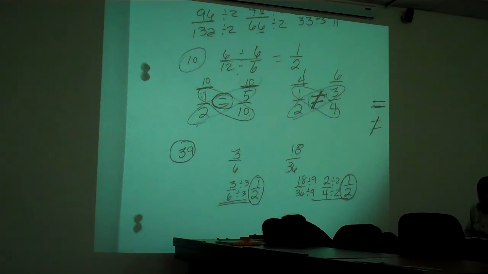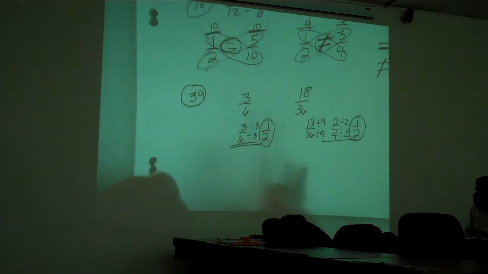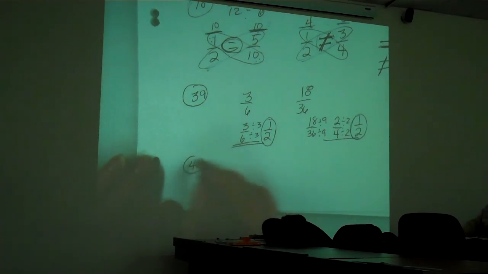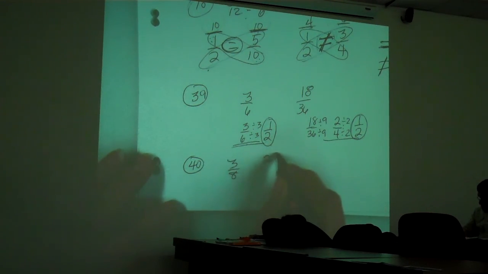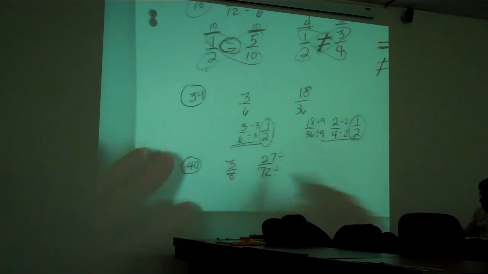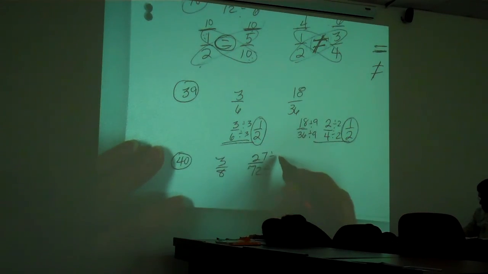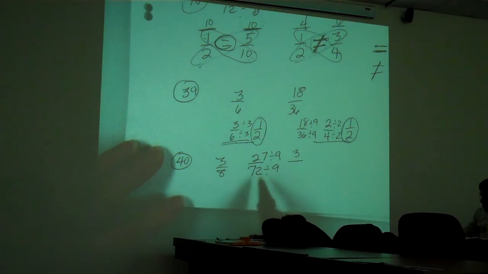So that doesn't reduce down to anything? Actually, the 27 over 72 is going to reduce to 3/8. On number 40, you have 3/8, which will not reduce. You have 27 over 72. These will both divide by 9, right? 27 divided by 9 is 3. 72 divided by 9 is 8.